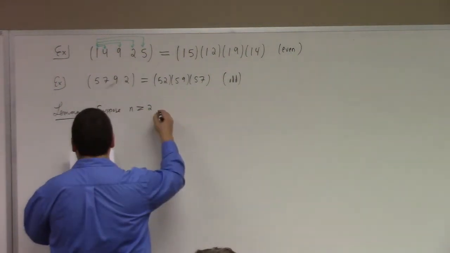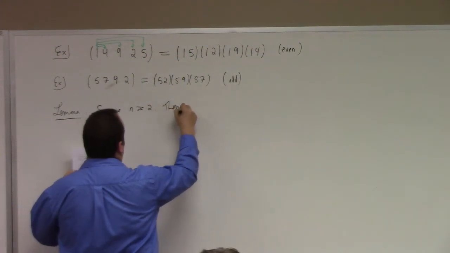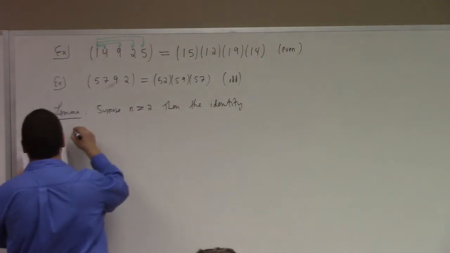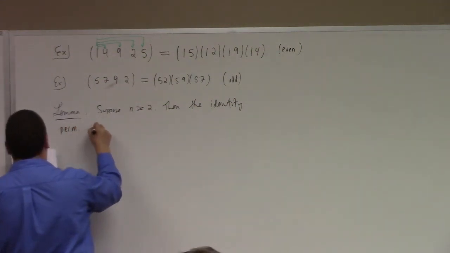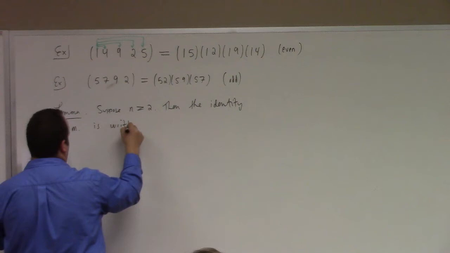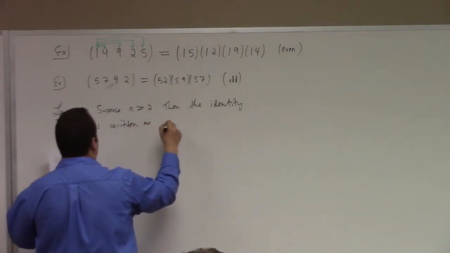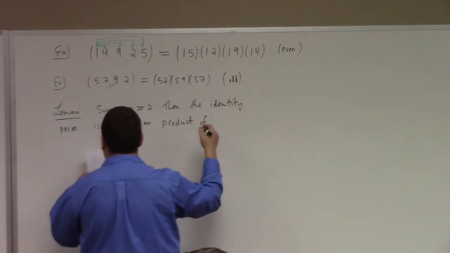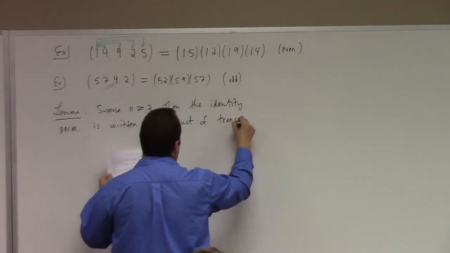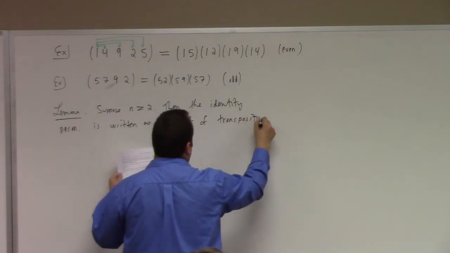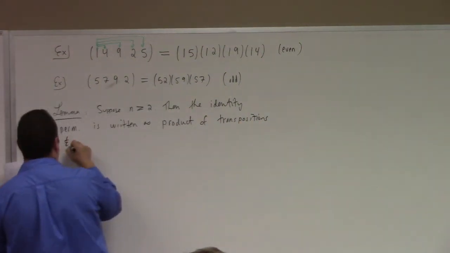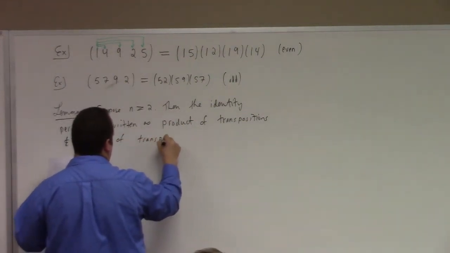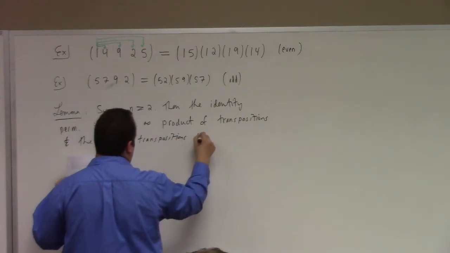Suppose n is greater than or equal to 2, then the identity permutation is written as a product of transpositions, and the number of those transpositions is even.